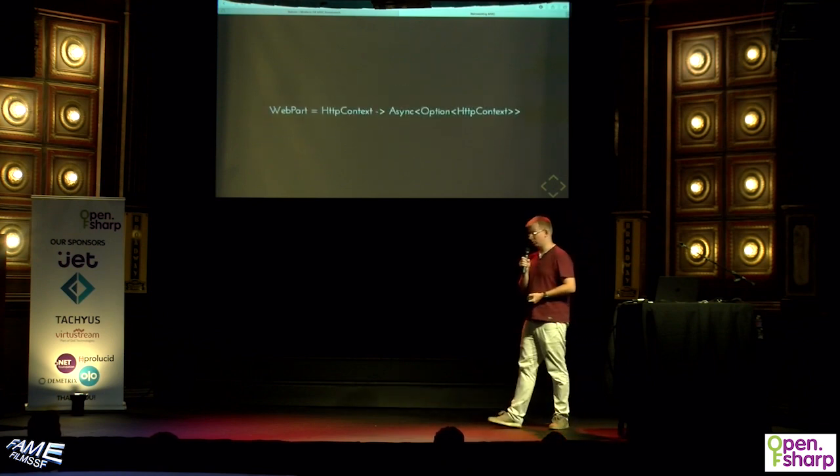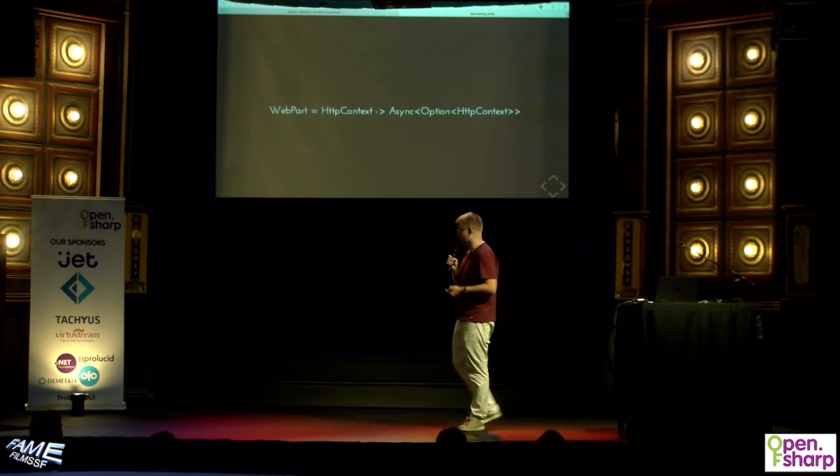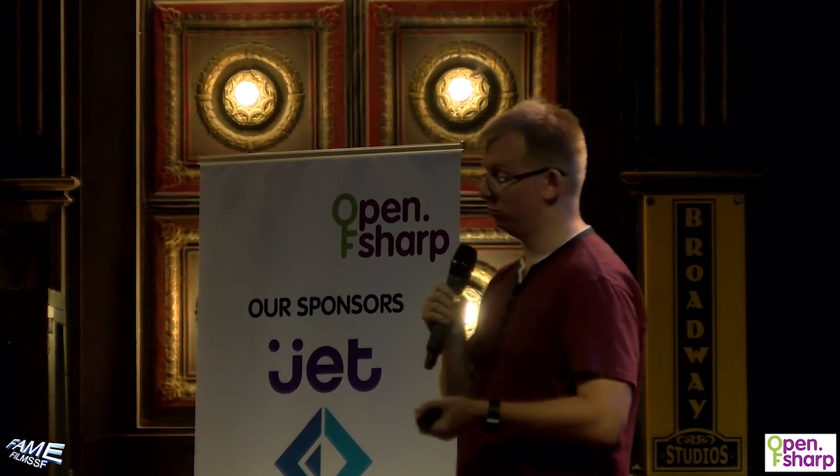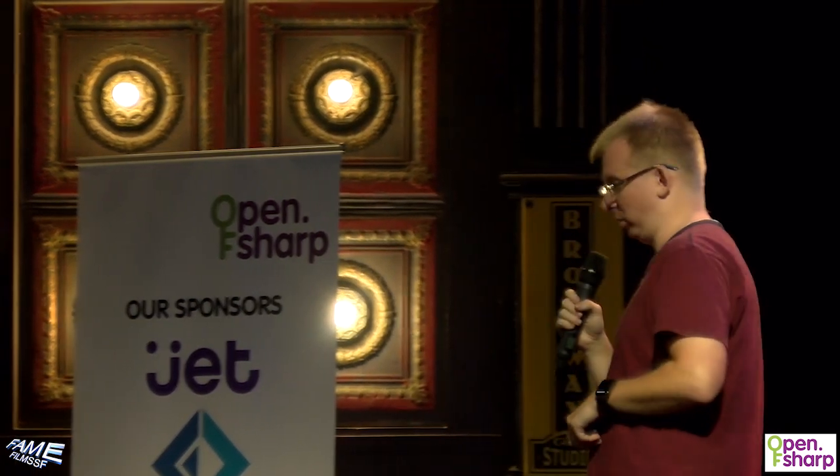And then there is something called WebPart. It's called WebPart in Suave. It's called HttpHandler in Giraffe. Both implementations have some differences, but not enough to really go too deep into that right now.